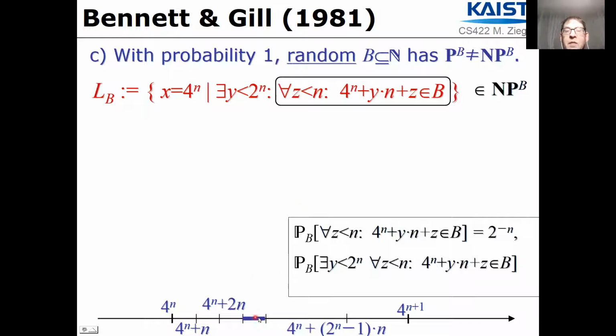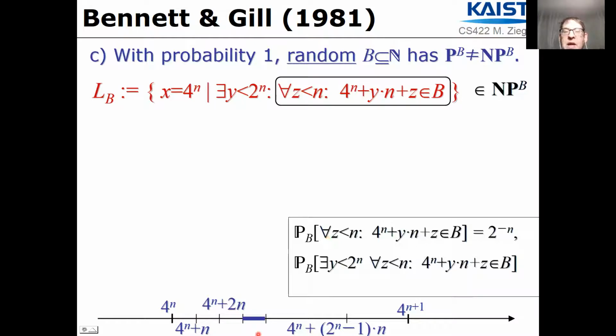So the probability for an entire interval of n elements all to be in the set means that all these coin flips must come up heads. And since they're independent, that means the probability is the product of the individual probabilities, and therefore is 2 to the minus n. So here, for all z, there are n of these possible values for z.